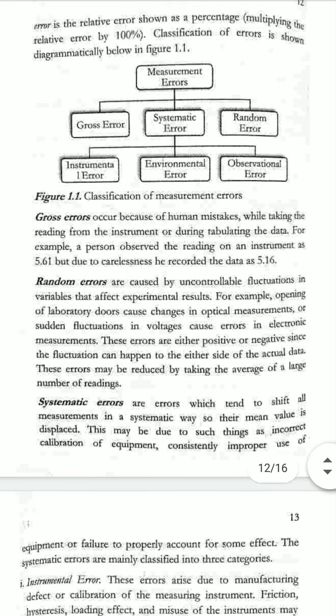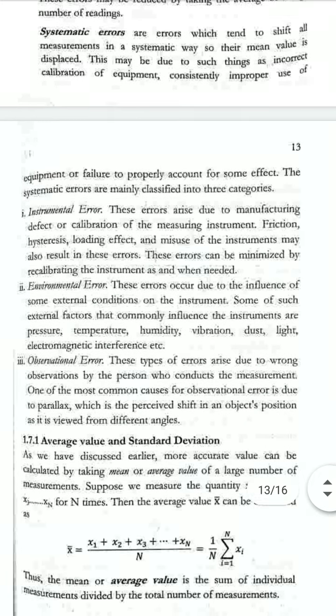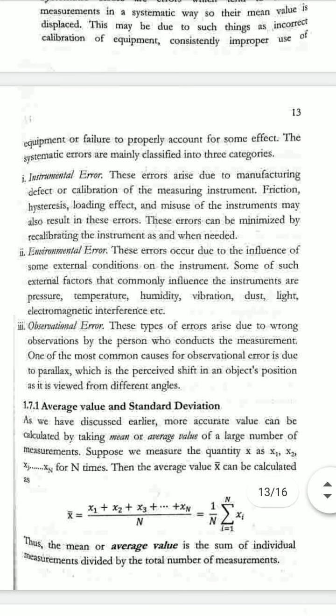Systematic error you can have three types: instrumental error, environmental error and observational error. Instrumental error. What is instrumental error? It is the error arising due to manufacturing defect or calibration of the measuring instrument. Due to friction, hysteresis, all these reasons, instruments cannot work properly.